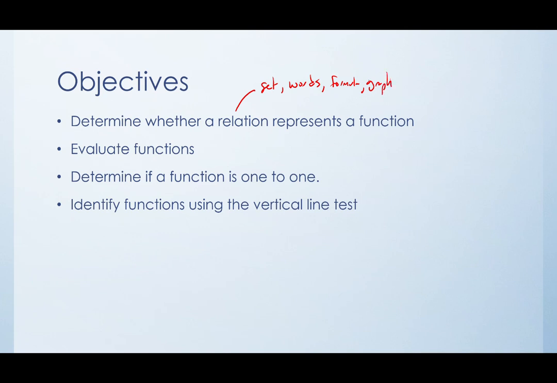And we want to know if that represents a function. We're going to evaluate some functions. We're going to talk briefly about whether a function is what's called one-to-one. We'll do more on that later in this chapter when we talk about inverse functions. And we're going to identify functions using the vertical line test.